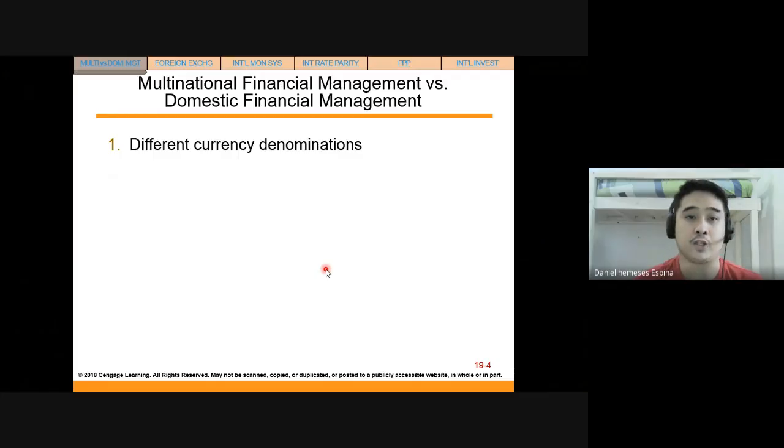Okay, so this will affect our financial reporting because we are going to translate our outside operations to the currency of the country in which we are submitting our financial reports. So, for example, if your headquarters is in the U.S. and you are operating in Europe or Asia, you have to translate the currencies in Asia and Europe first to dollars. Okay, so the translation of the currency will have an impact on the financial reporting.